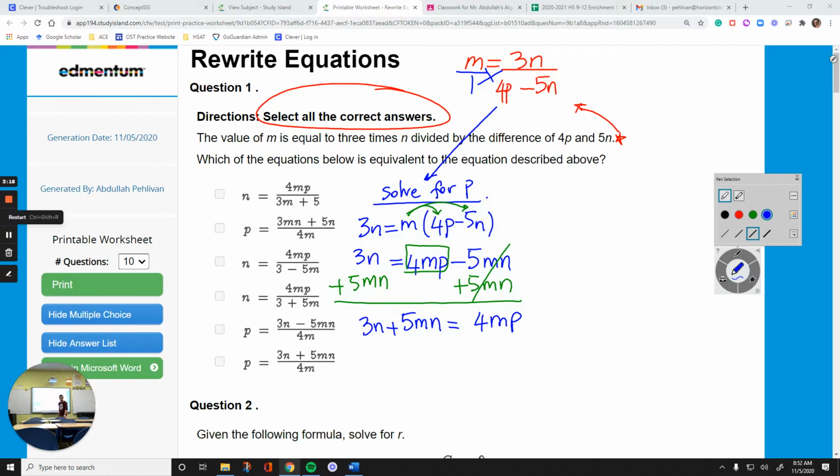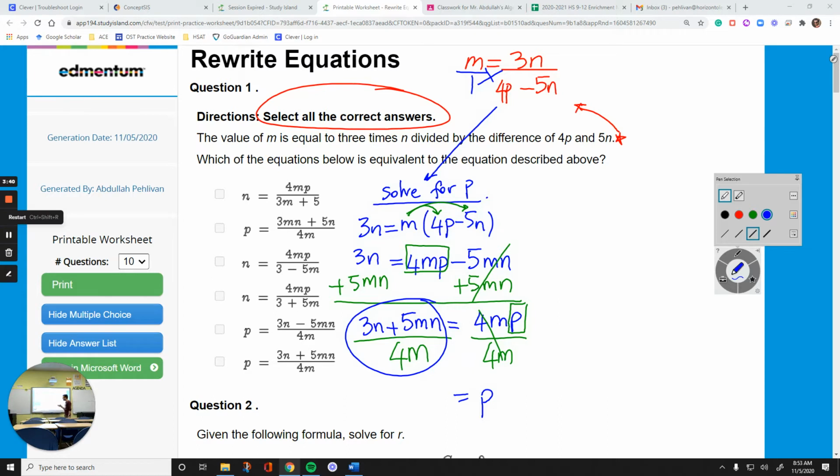I was solving this for p, so the p is right here. Get rid of everything else on that side, which means get rid of 4m. They are all multiplied, so now I need to divide. And now p would be equal to this right here. That's my p.